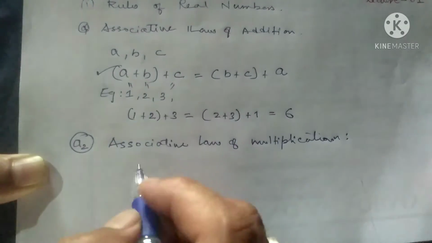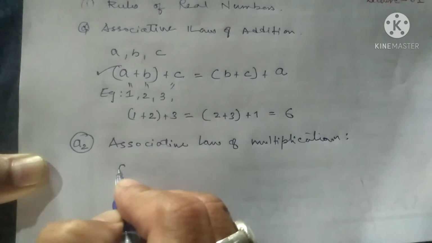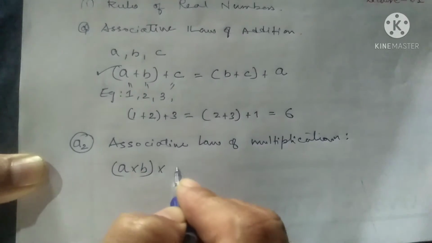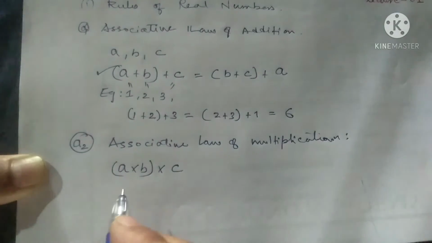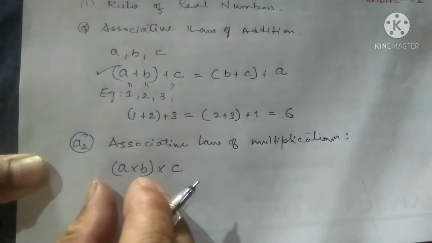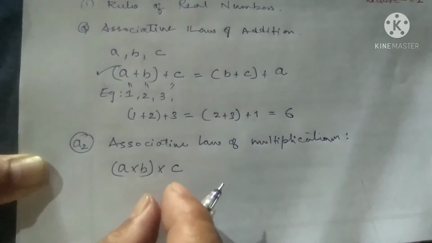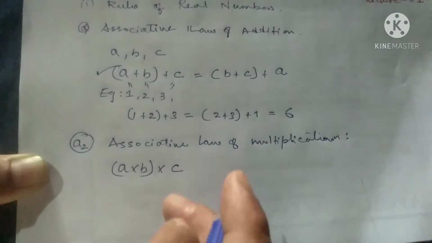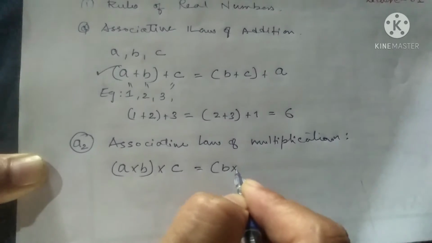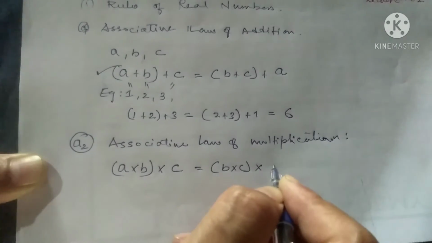Let us consider the same numbers and group them as before in addition. A cross B cross C: we group A and B and multiply the grouping with the third one, and here we group the other 2 and multiply with the third one.